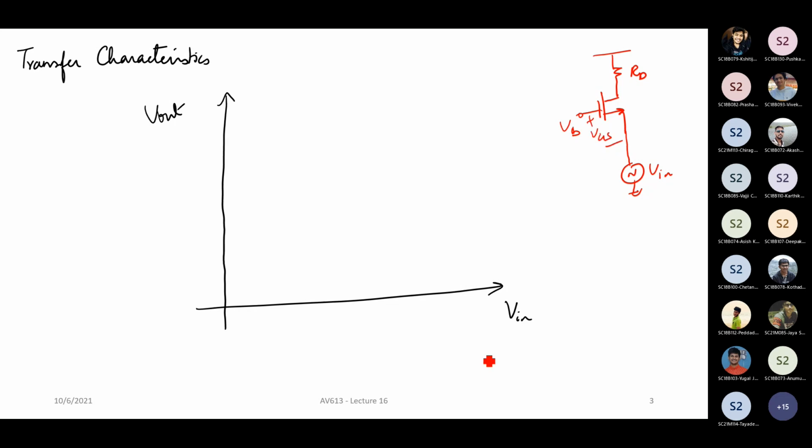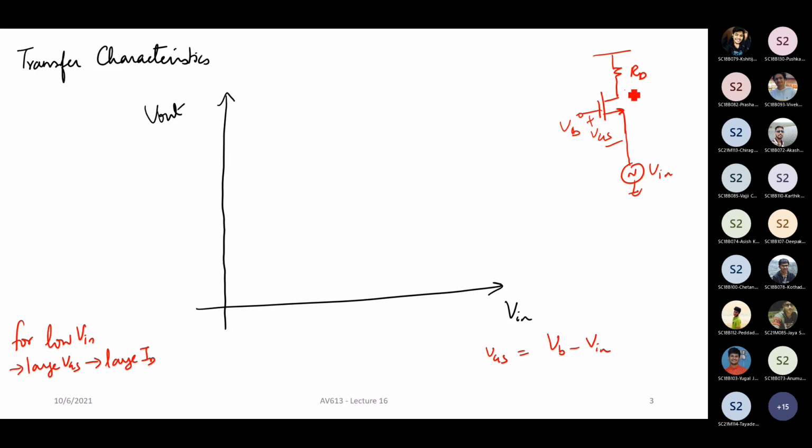So your VGS can be written as VB minus Vin. So when Vin is very low, your VGS is quite large, which means there's a large amount of current flowing. For low Vin, you have large VGS, which results in large ID.